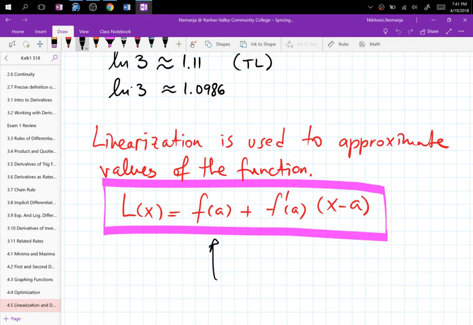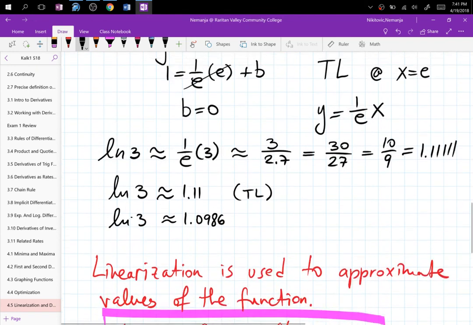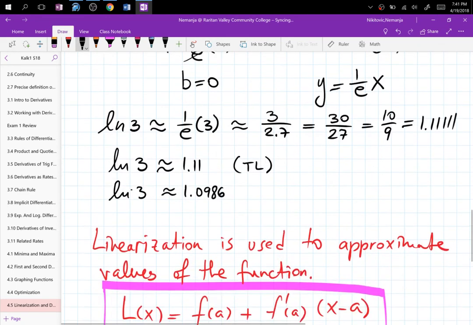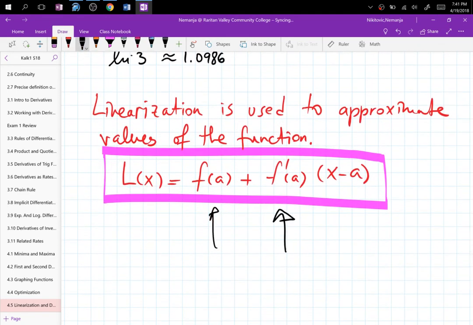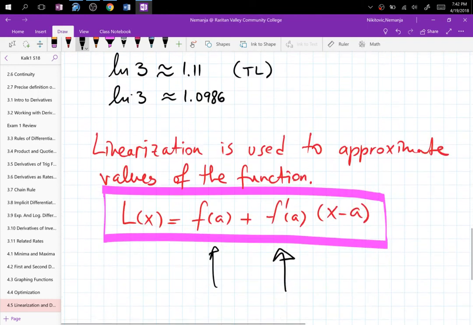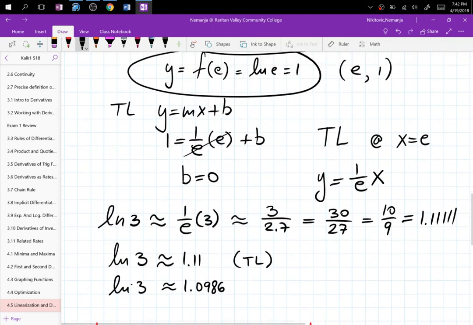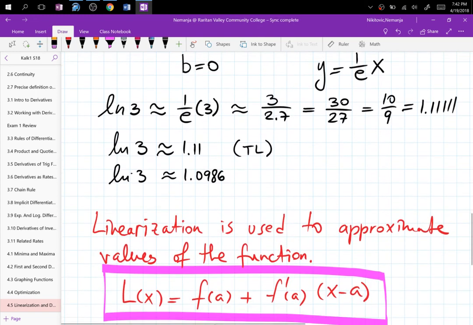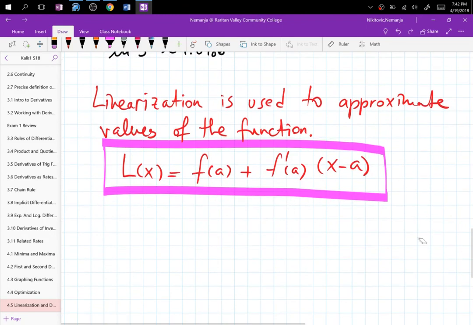Compute the function at a. That's this part over here. Compute the derivative at a. That's this part over here. Plug everything into the formula. So these bubbles that were all separate steps are now all in a single formula. We're not learning anything new, we're just condensing everything into a single formula.